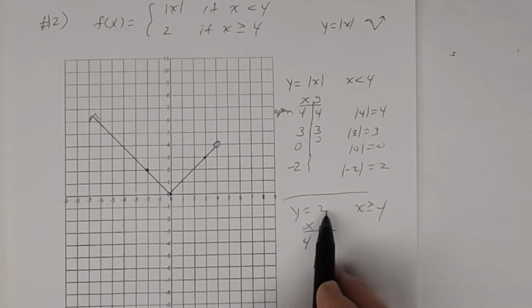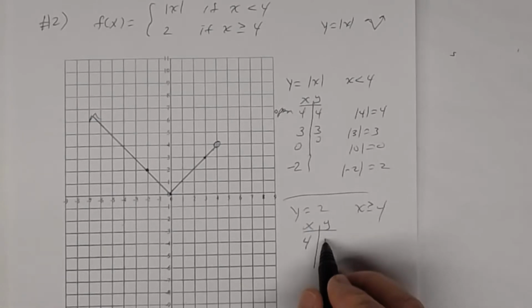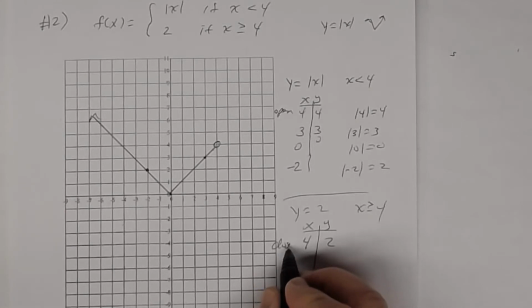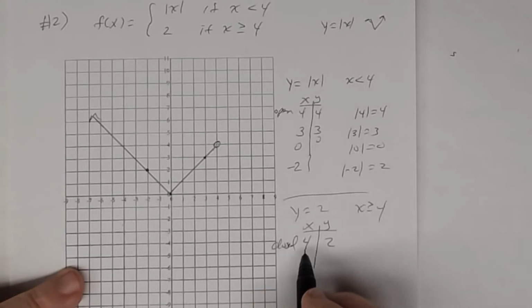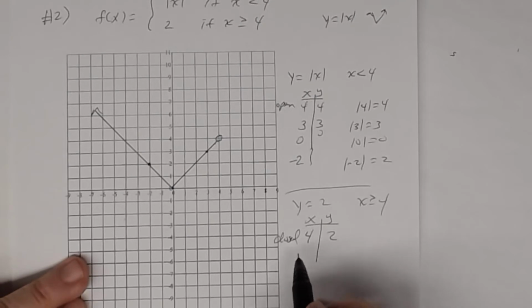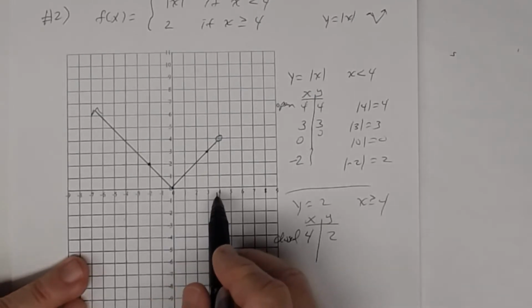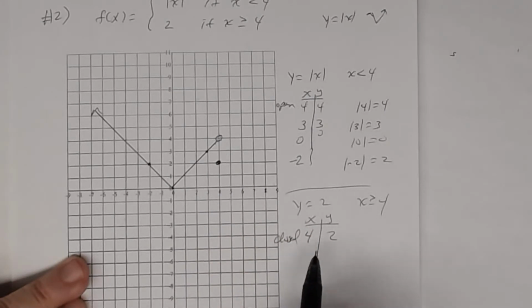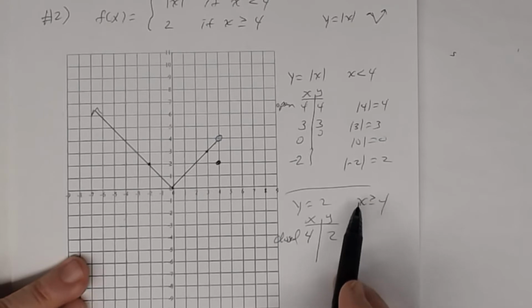So that means that y is always equal to what? 2. Now, there's an equal sign, so it's going to be closed. So when I plot that point, I'm going to put a closed circle. So 4, 2 is right here. Notice, closed. And then this is a line, a horizontal line, or in this case, part of a horizontal line.